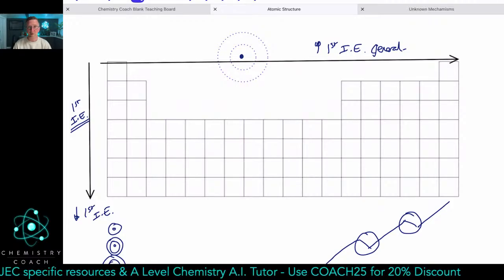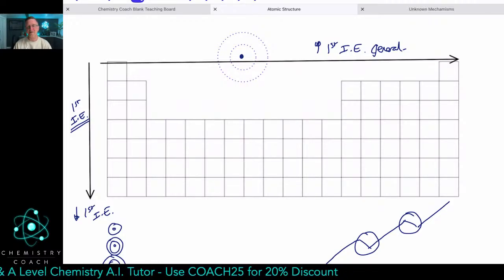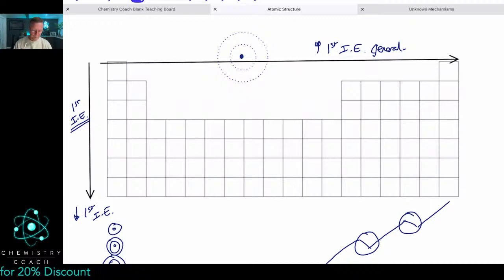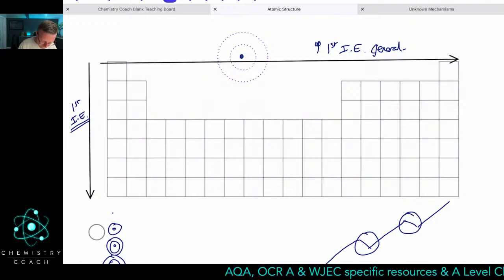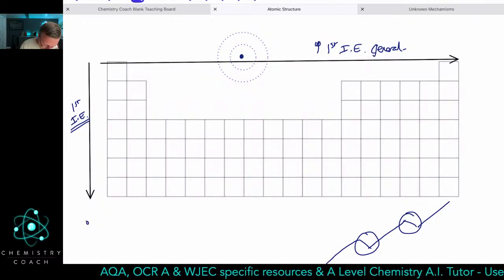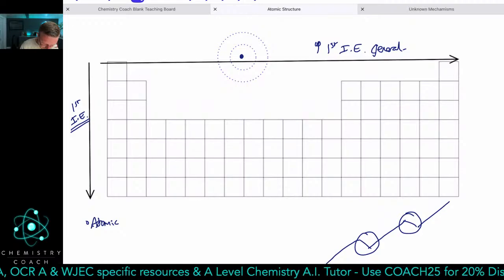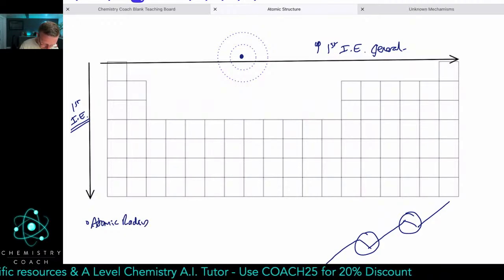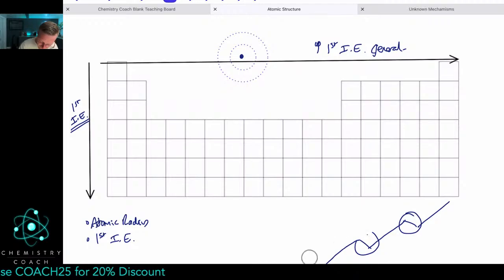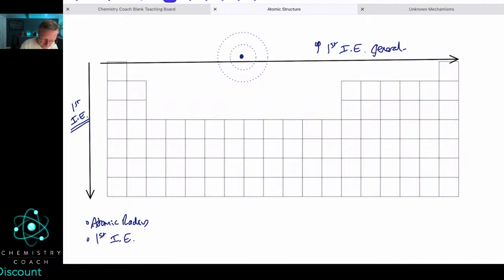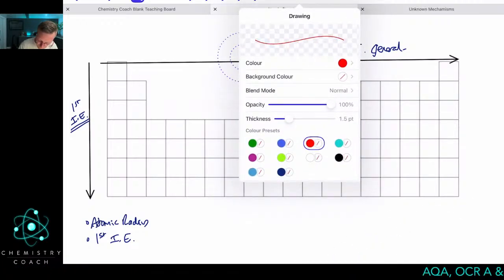So we've looked at atomic radius, we've looked at first ionization energies, and the reasons for that. Let's see if we can link that to something else now. So I'll just list these at the bottom actually. We've looked at atomic radius, we've looked at first ionization energy, and the explanations that we've used, let's put these in red down the bottom here.